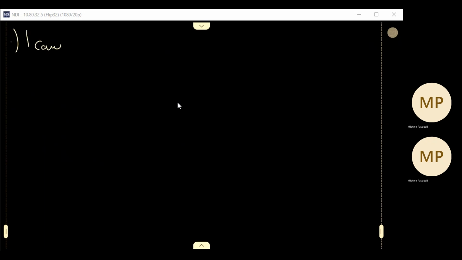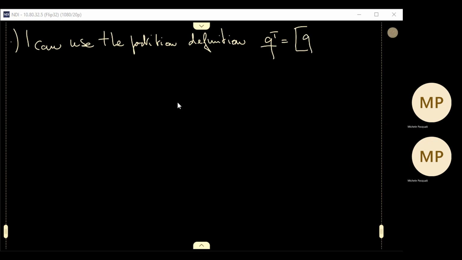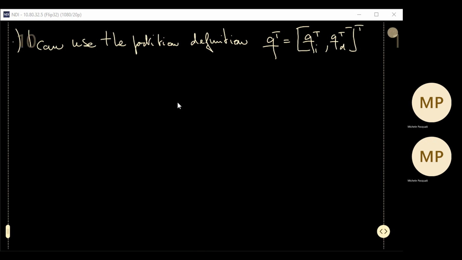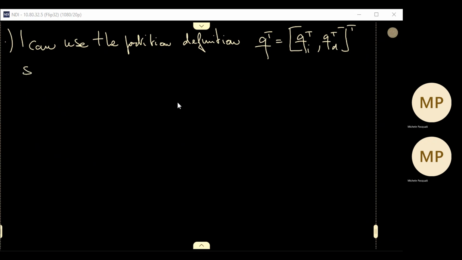I can use the partition definition so that I can finally write my resulting system of equations, which is the following.